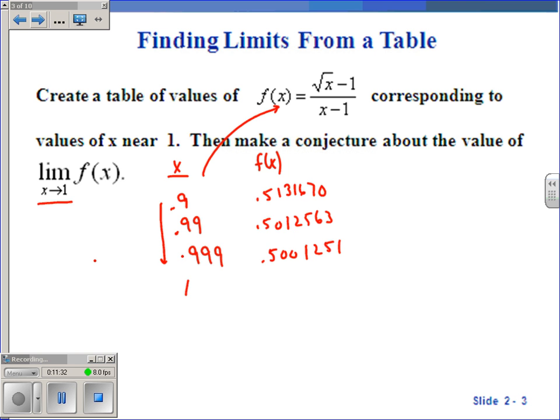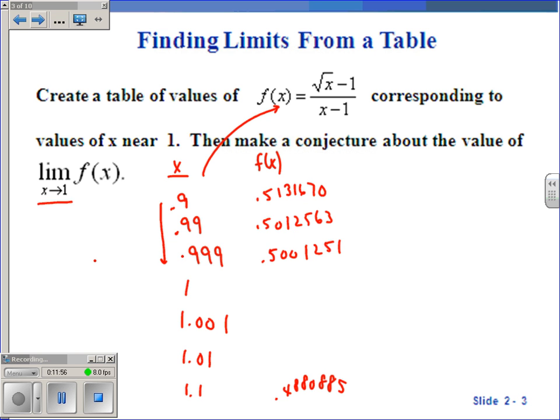Okay, now I'm going to choose numbers a little bigger than 1. So let me start down here at the bottom and say 1.1. And then I want to get closer, so I'm going to say 1.01. And then let's say 1.001. So I'm having the values get closer to 1. Okay, when I plug in 1.1, I end up with 0.4880885.